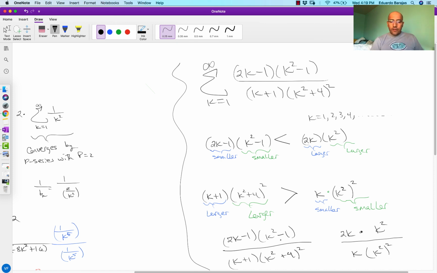Okay, in the numerators, we know that this one is going to be smaller and this is going to be larger. So just comparing the numerators, this numerator is smaller than this numerator. This is the larger numerator. And then in the denominators, this guy is smaller compared to that one. This is the larger, and this is the smaller.